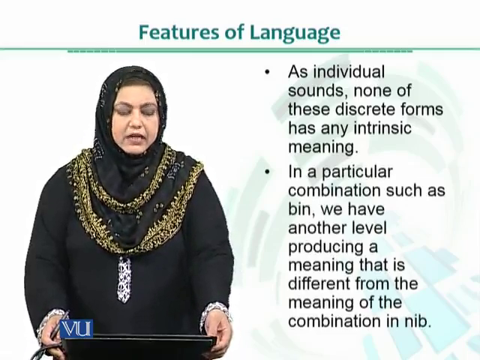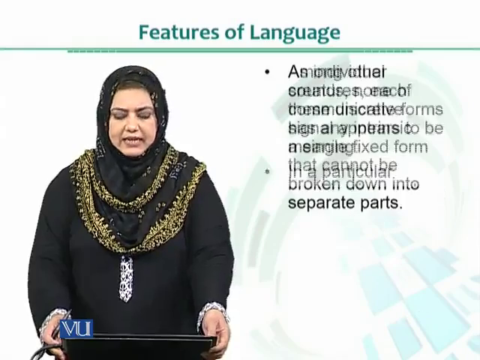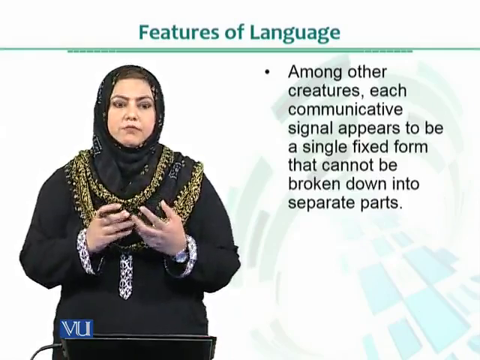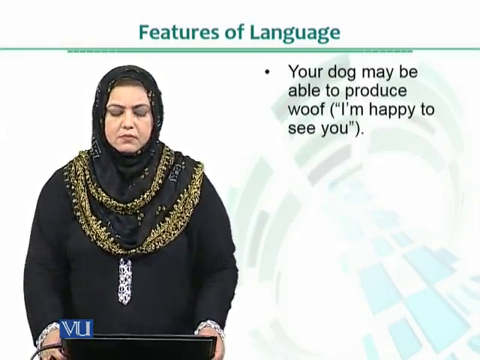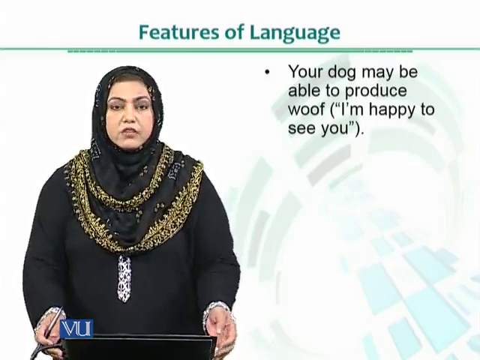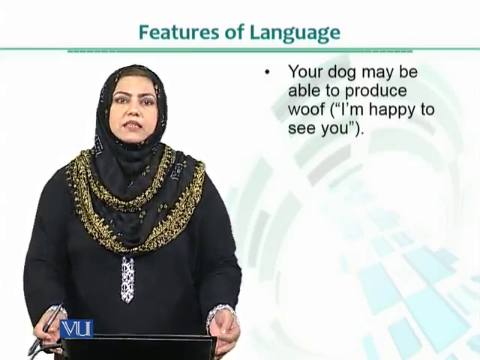However, animals are not capable of this duality. They cannot combine the language on the second level to bring sounds together to give one particular meaning through one particular combination. So your dog might produce certain sounds, for example, a typical woof sound that would convey to you that the dog is happy.